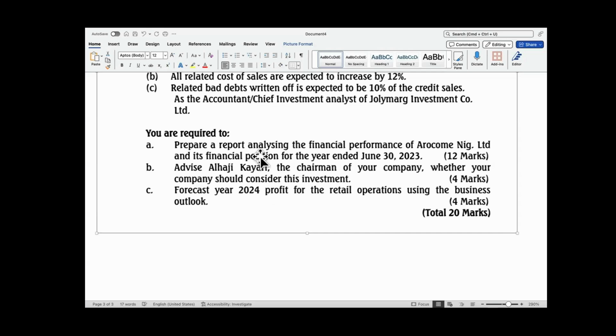You will see that the A part really talks about you preparing a report, analyzing performance and position. And if you check the previous diets, it's always like this. And they'll ask you to advise.